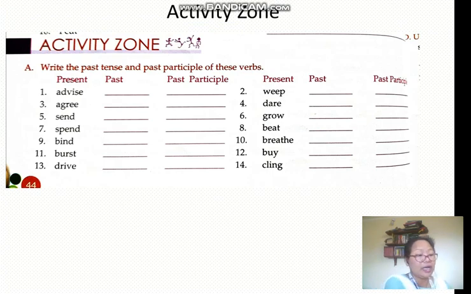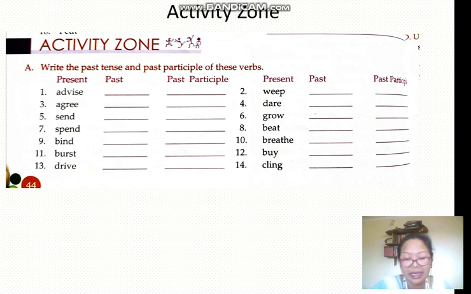Now the exercise which I want all of you to do in this personal class today is Activity Zone, exercise A. Here you have to write the past tense and past participle of these verbs. Advise, this is the present. Past would be advised, advised.